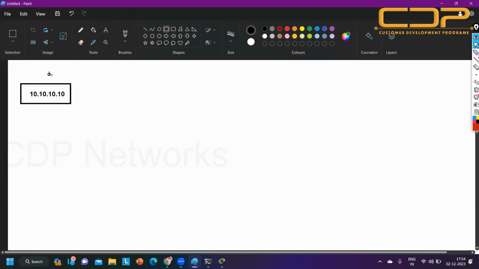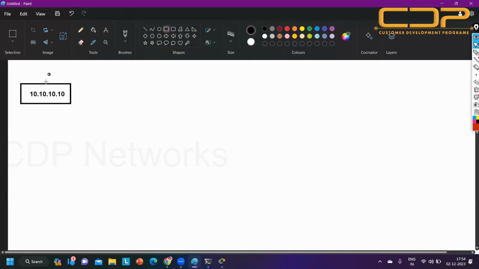We have a shortage of IPv4 addresses. So to reduce the shortage, first we divide IP addresses into classes, then into private and public, then we come up with subnetting, then NAT, and then IPv6. So dividing into classes was the first method to reduce the shortage of IPv4 addresses.